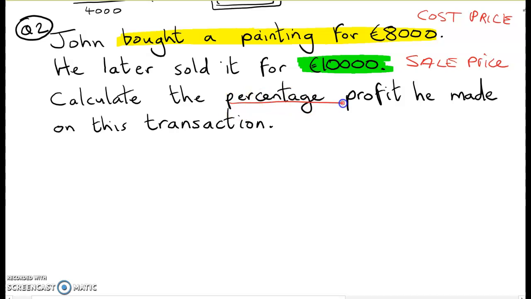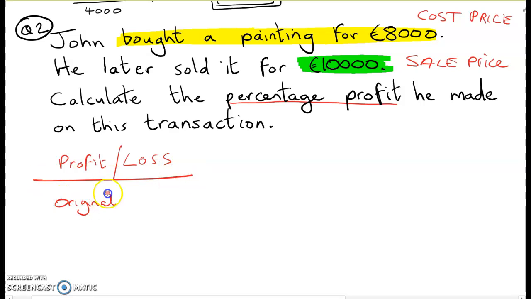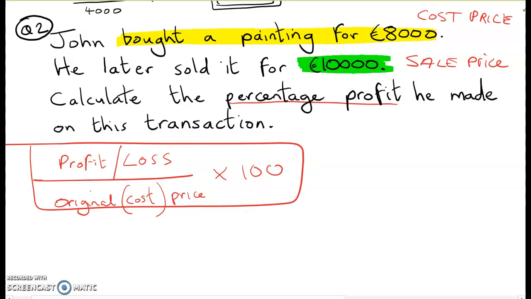Calculate the percentage profit he made. Can you remember the formula? Profit or loss over the original, otherwise known as the cost price, multiplied by 100. That's the formula.